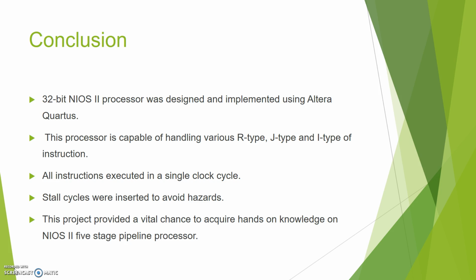All instructions are executed in a single clock cycle. Stall cycles were also inserted to avoid the hazards that were discussed in the previous slides. Most importantly, this project has provided me a vital chance to acquire hands-on knowledge on the Nios 2 5-stage pipeline processor.